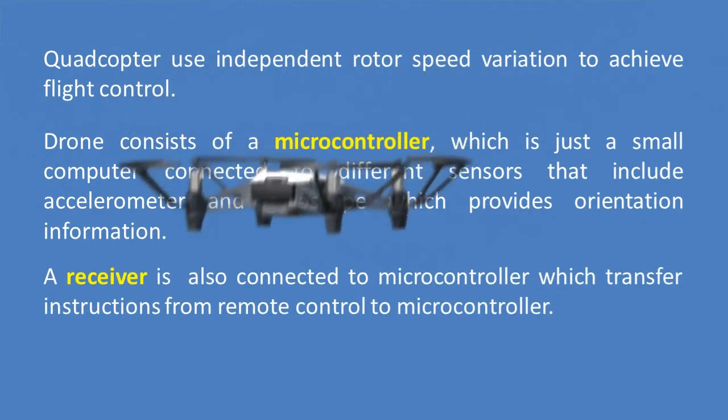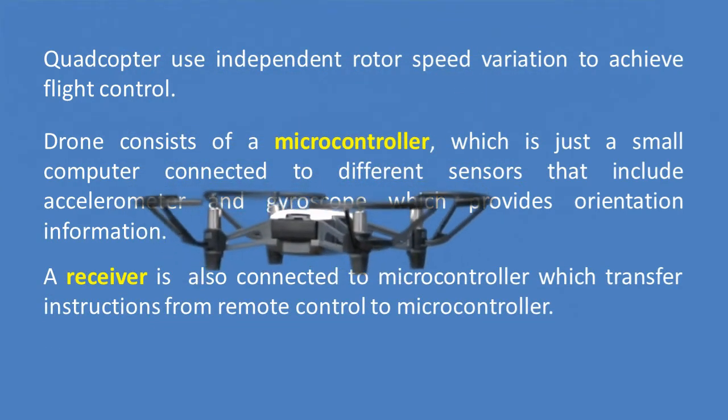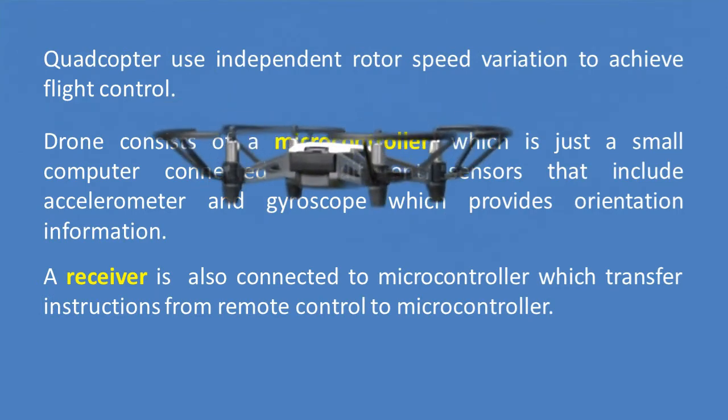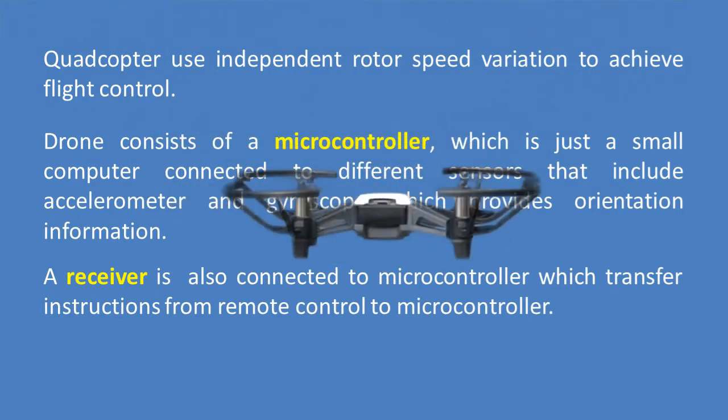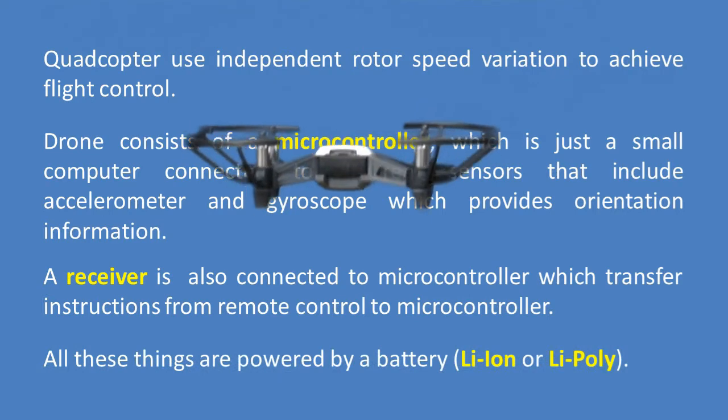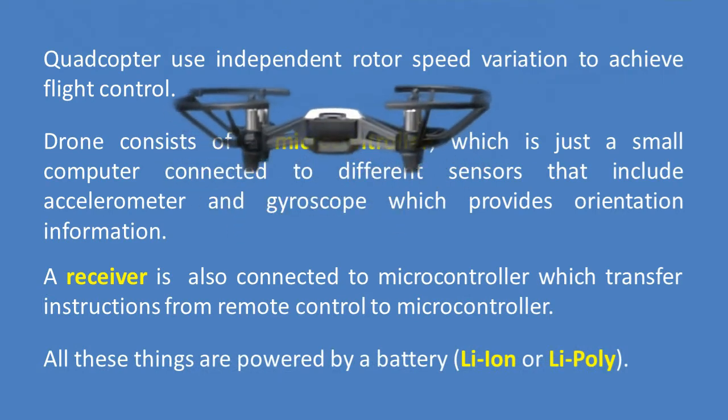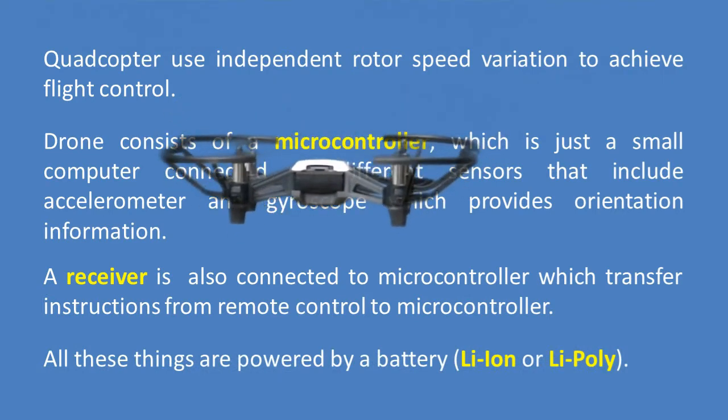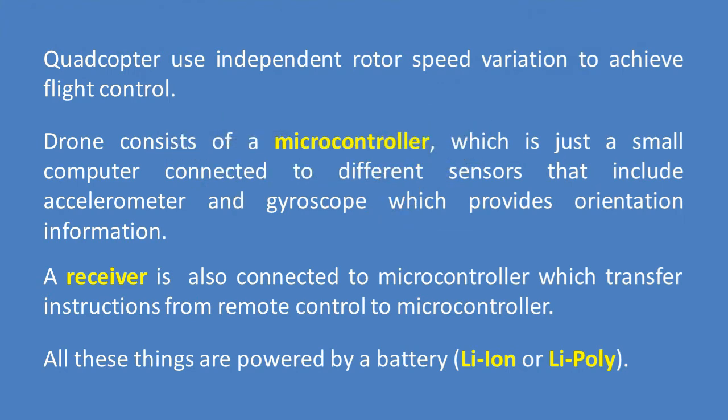A receiver is also connected to the microcontroller, which transfers instructions from the remote control to the microcontroller. All these things are powered by a battery, usually lithium ion or lithium polymer.